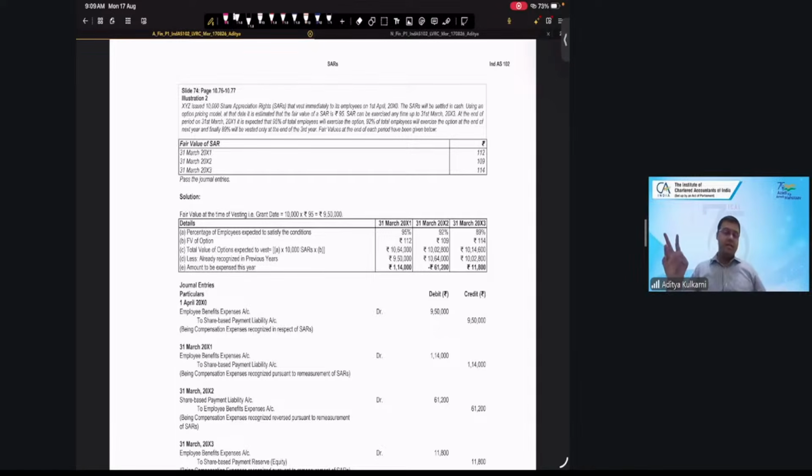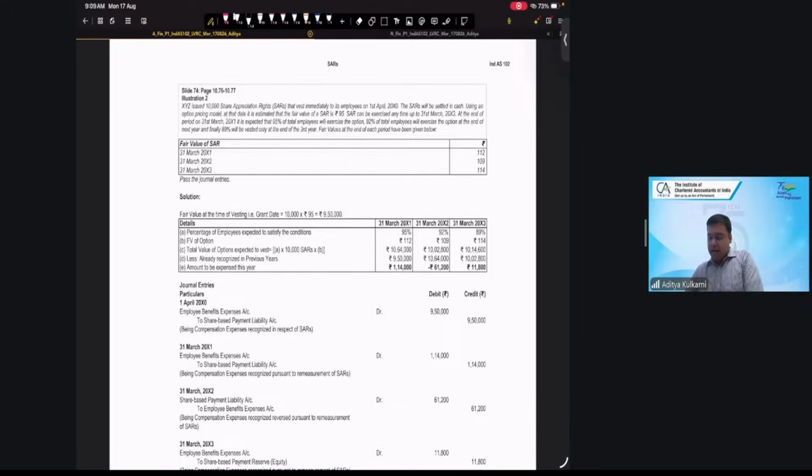You need not have cash with you. Are we okay with this? Yes. So that is why SARs typically become a little more popular than ESOPs. But the other advantage of ESOP is you directly become an owner. Nothing can beat that when you are getting stakes in the company, right?